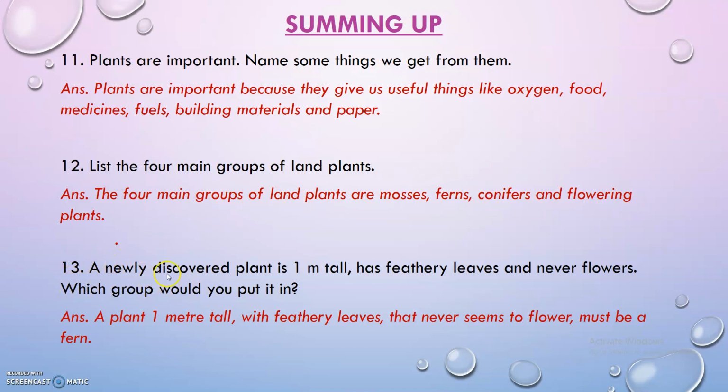13th question. A newly discovered plant is 1 meter tall, has feathery leaves, and never flowers. Which group would you put it in? See, from these features itself, you can understand. A plant 1 meter tall, it is not so long, okay? With feathery leaves that never flowers, it must be a fern.